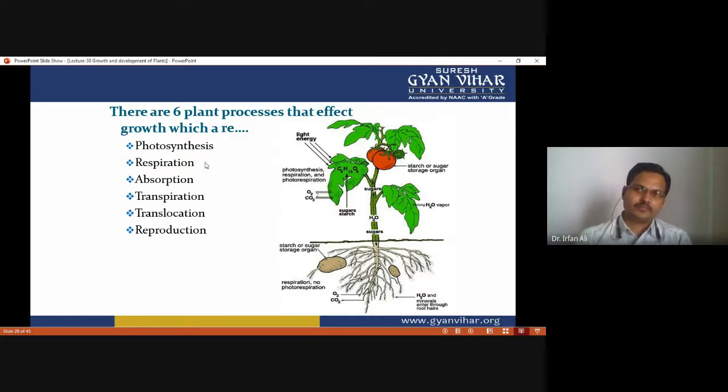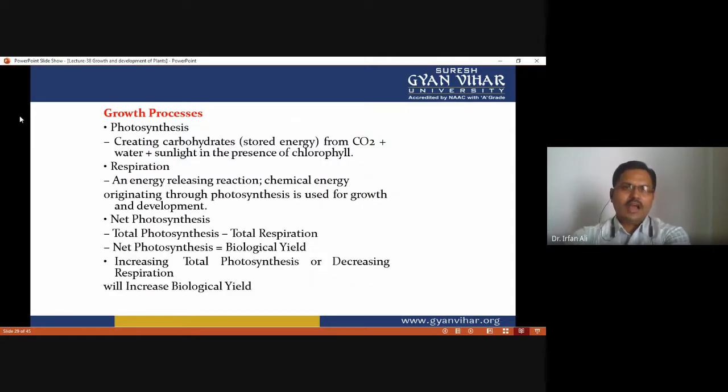And among the growth processes, photosynthesis is the synthesis of carbohydrate from carbon dioxide, water, and sunlight in the presence of chlorophyll. In respiration, there is production of energy in the form of ATP by the process of glycolysis.